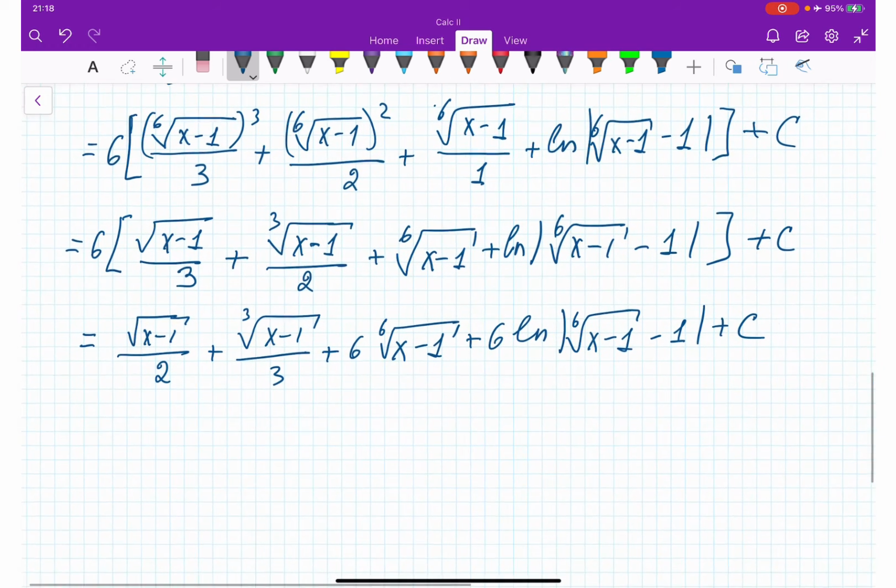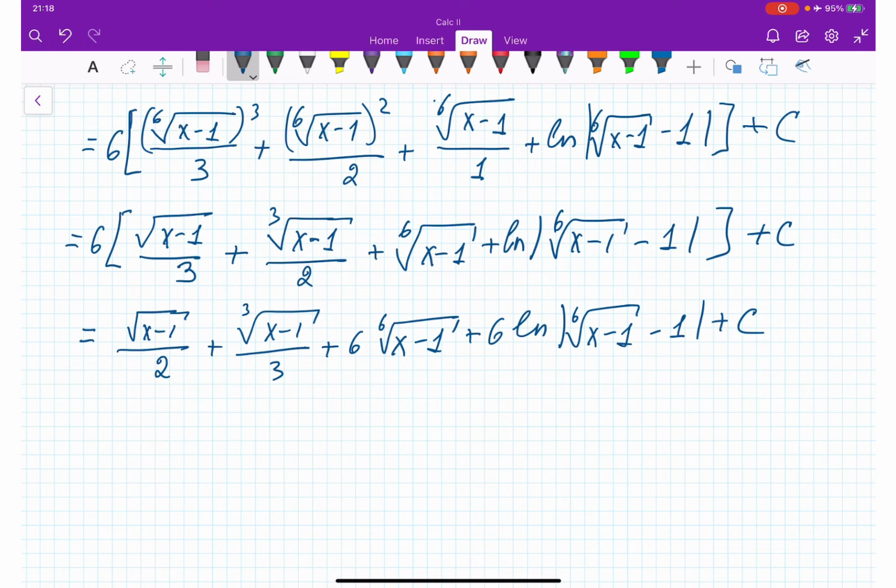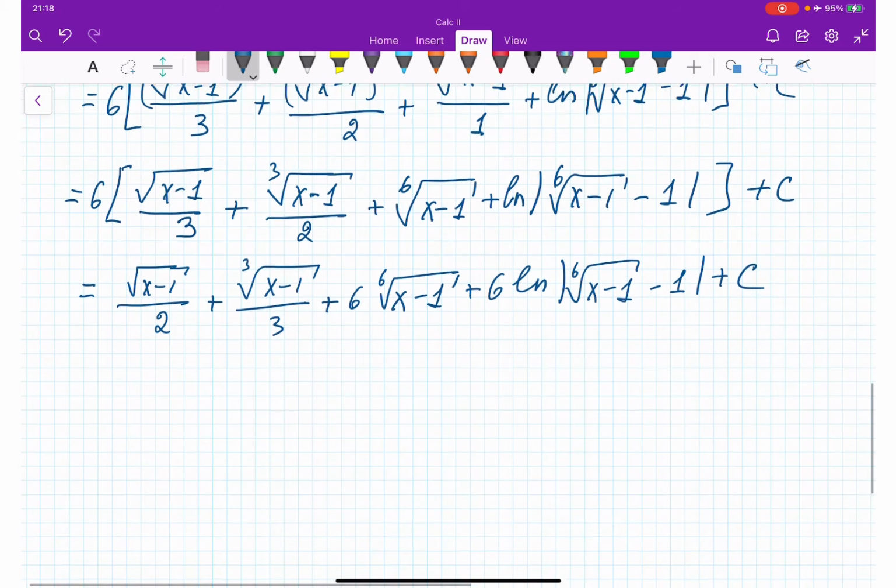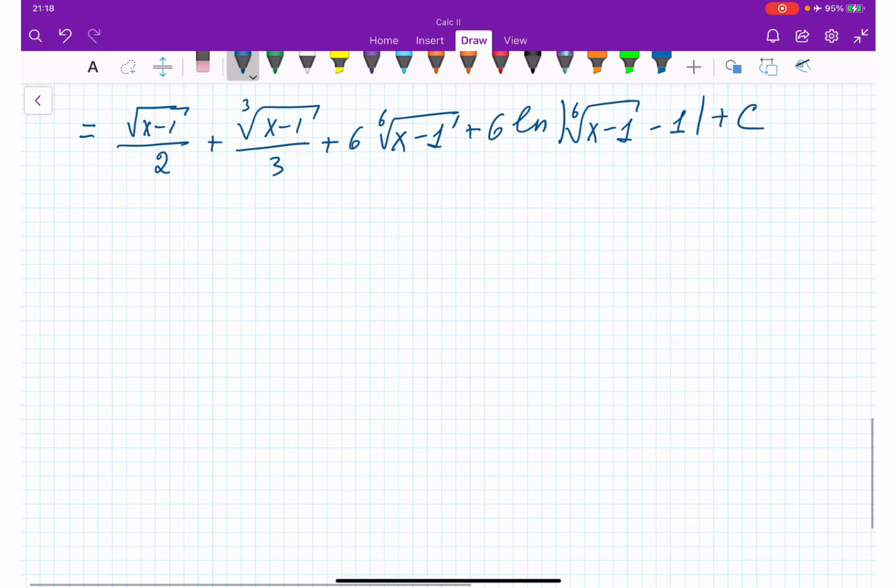And we are done with this first question. So first integral. Moving to second integral.